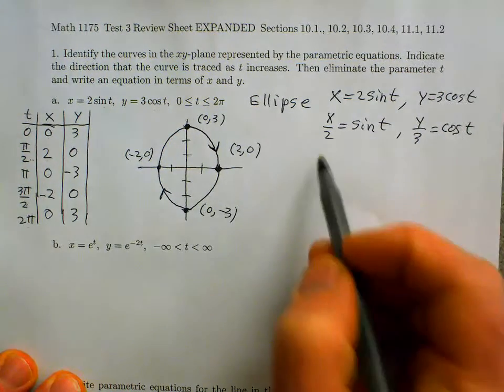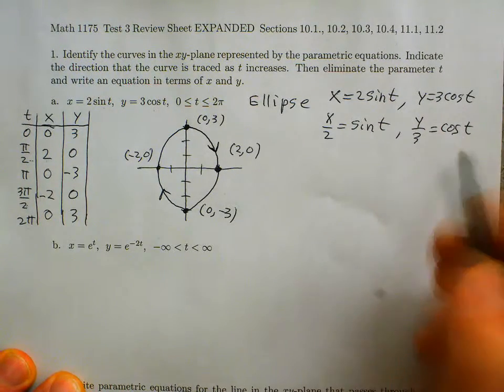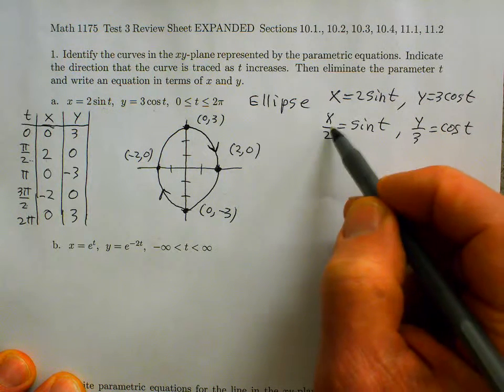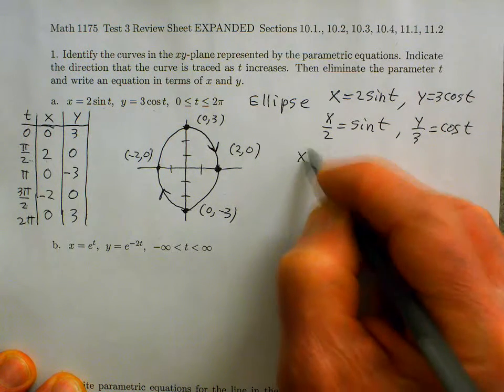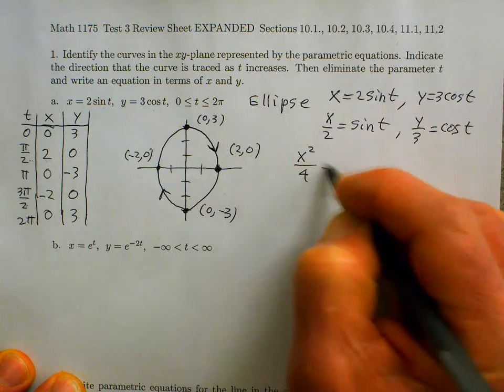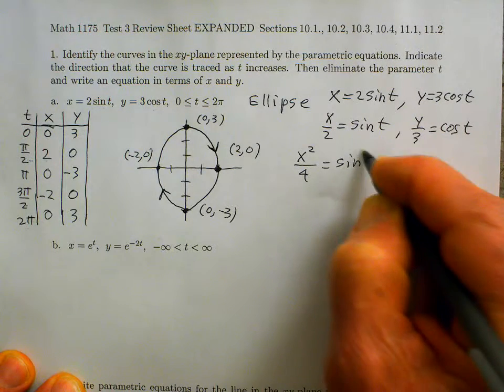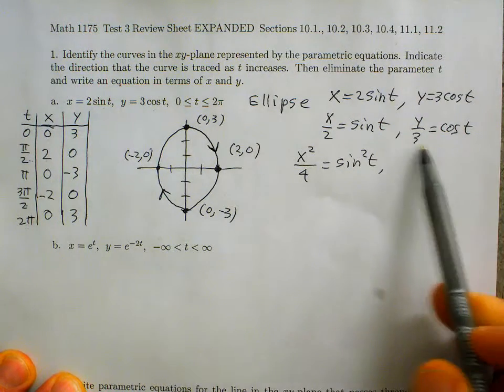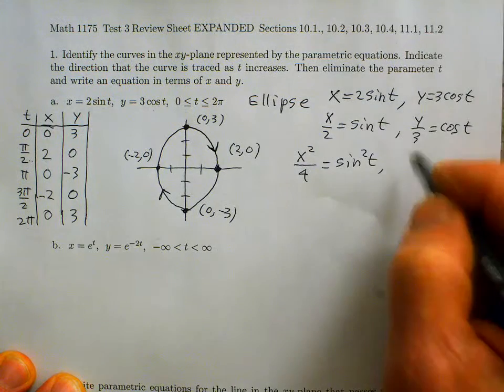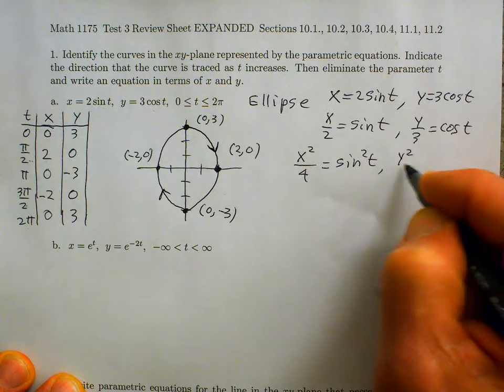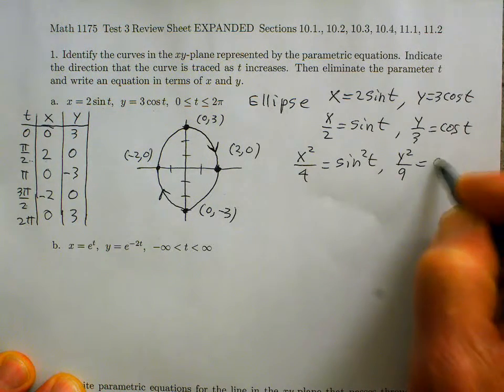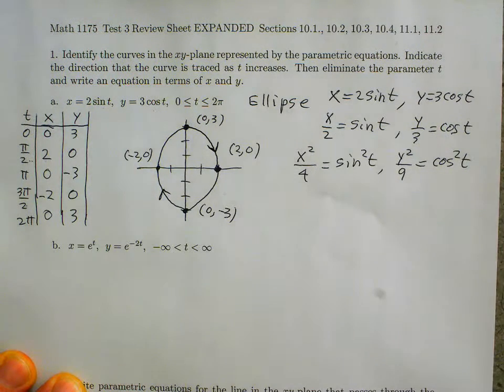Then if we square each side of those equations, square the left-hand side of this equation, we get x squared over 4 equals sine squared t. Square both sides of the other equation, we get y squared over 9 equals cosine squared t.